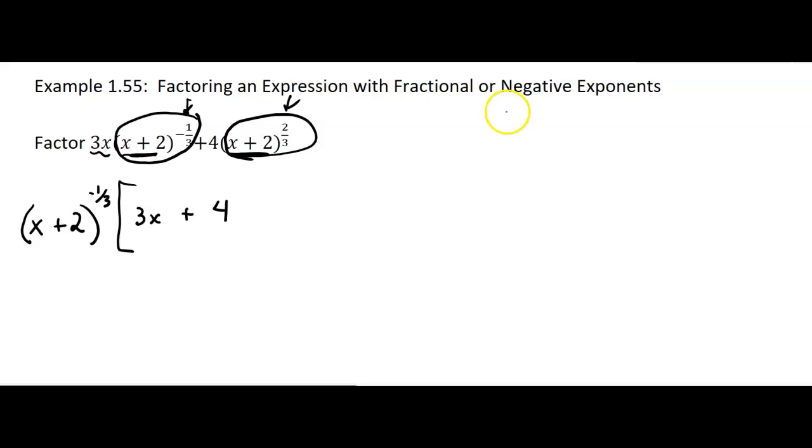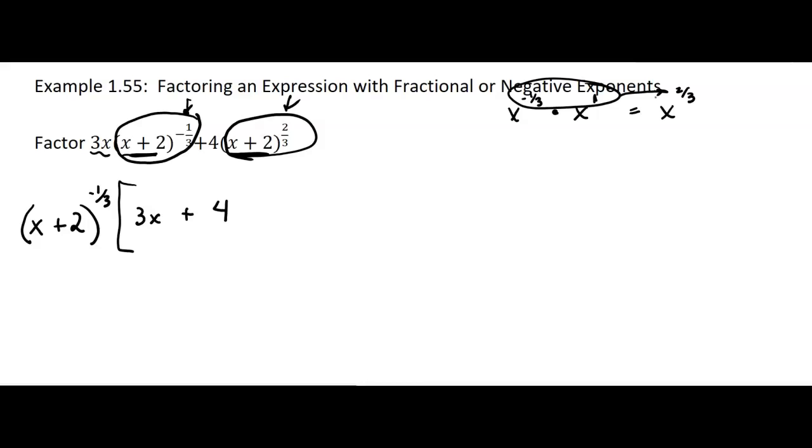If I had x to the negative 1/3, and I wanted to multiply it by x to something so that I would get x to the 2/3, what would that something have to be? It would have to be 1, right? Because you're going to add those exponents, and a negative 1/3 and a positive 1 will get me a 2/3.